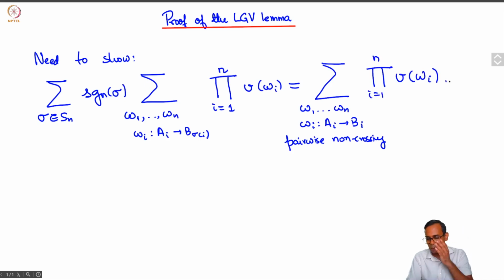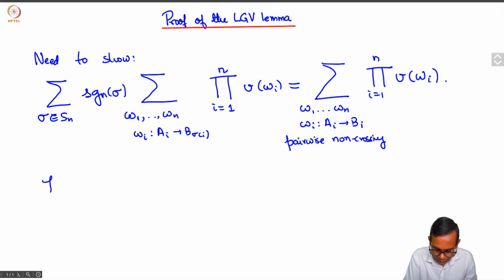So the sum on the right hand side is a part of the sum on the left hand side, and what we are going to do is define a sign reversing involution which will cancel out all the terms on the left hand side except for the ones that survive on the right hand side.